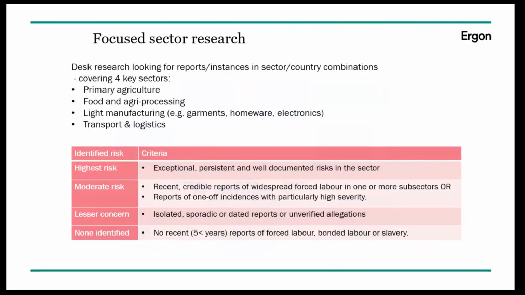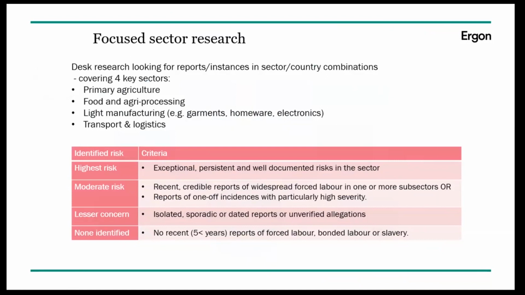And that desk research has looked for specific instances: NGO reports, media reports, international agency surveys, which have identified particular examples of forced labour in these sectors in particular countries.